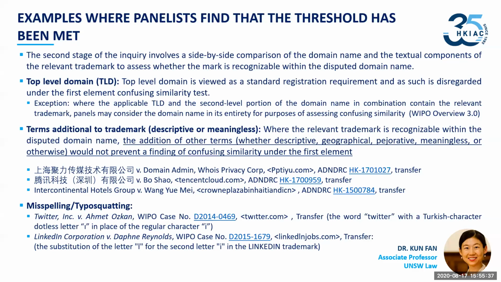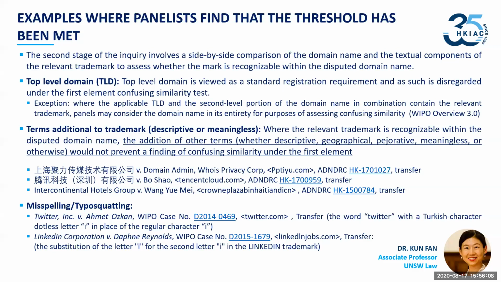So here I give some examples. For instance, again, in the pptu.com that I was the panelist. In this case, the complainant has registered the trademark as PP, PP Live, or PPTV in China, which include both the text and design. Even though PP include the figurative features, the text PP is clearly recognizable here. And the second level portion of the domain name contains the entirety of the registered trademark PP.